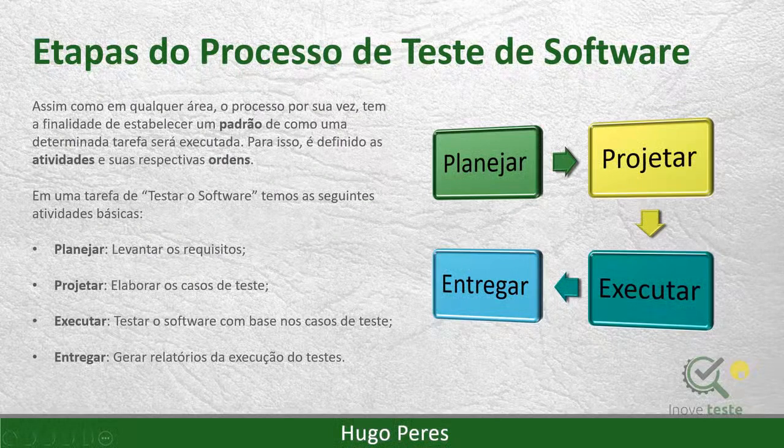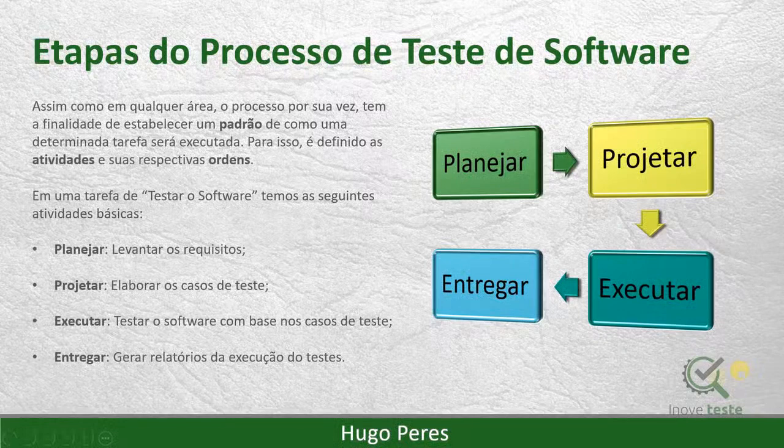That is, before you even start to run the tests, know what has to be tested. You plan. You gather the requirements. You understand the customer's need. You understand the need of the product, and only then do you move on to the next step, which is to design the test cases.